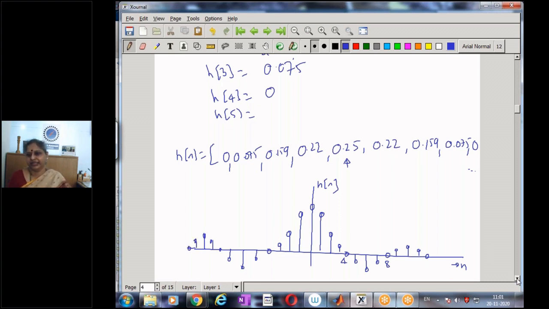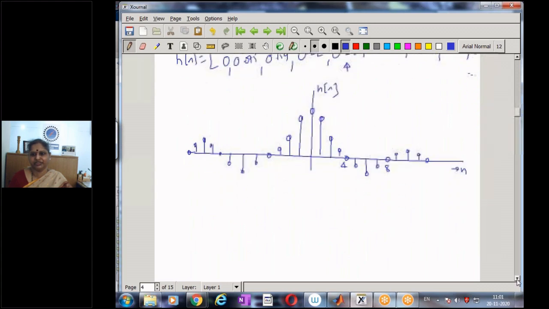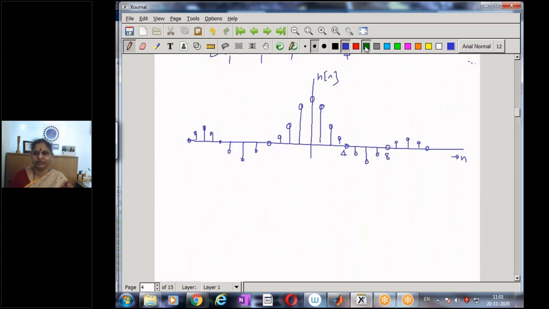This is the h of n that we get, which is of large length, by just computing the integration for the given cutoff frequency. This is step 1. Step 2, what we'll do is take a window function of length minus N to plus N. In this case, it is 1 for minus N to plus N and 0 otherwise, and we recognize that N equal to 3.